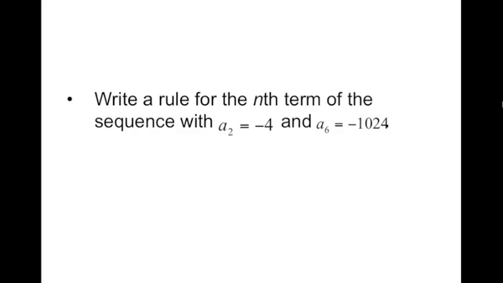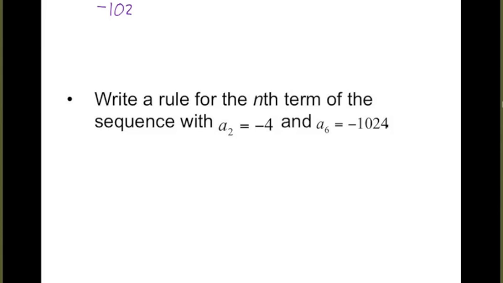I'm going to go ahead and walk through this last one with you as well. To find our r value, what we want to look at is what is the total ratio between the 2 terms we know. So the later term is negative 1024 divided by the earlier term is negative 4. So we do that division out and we get 256.